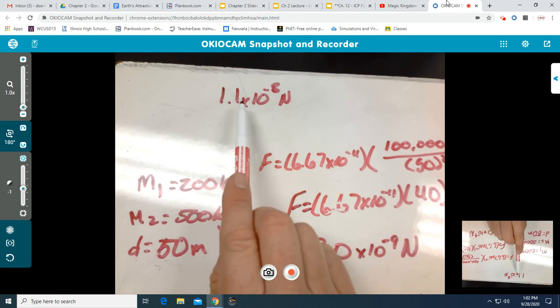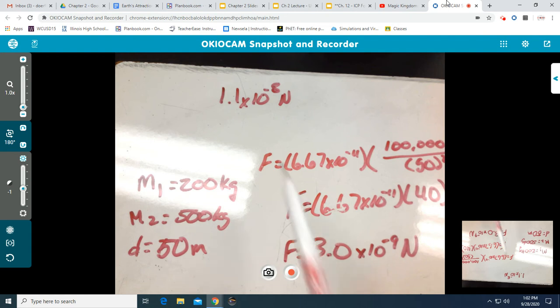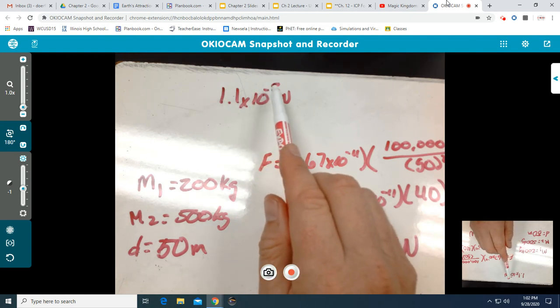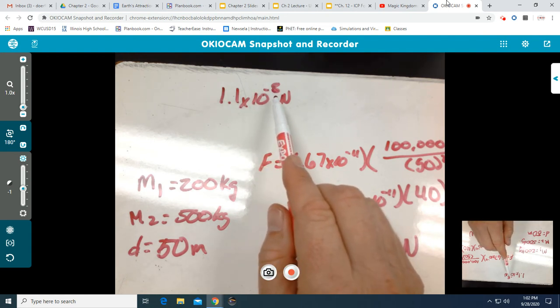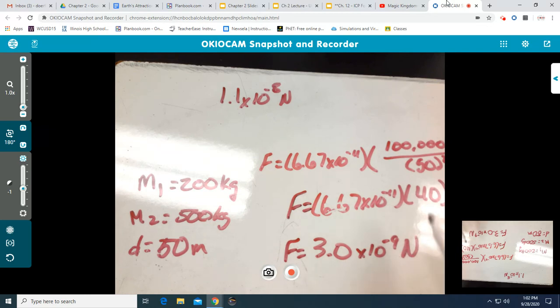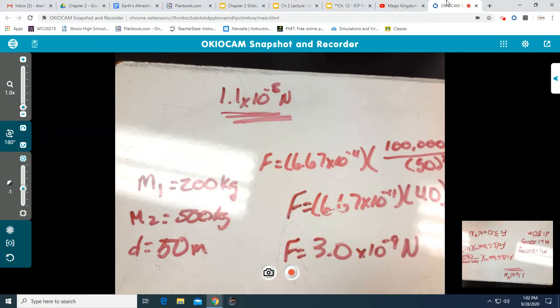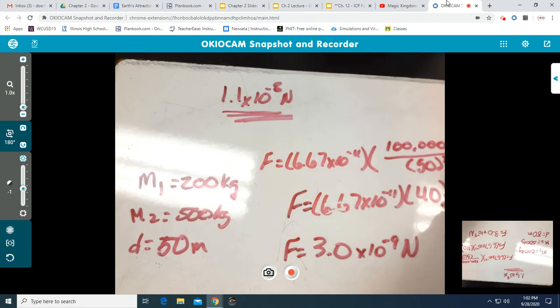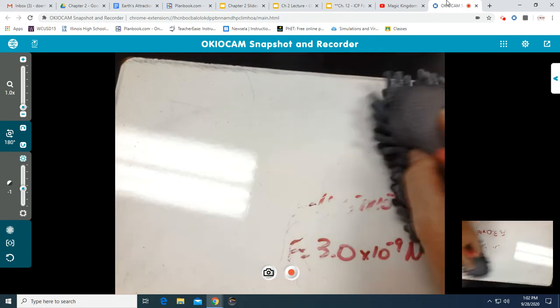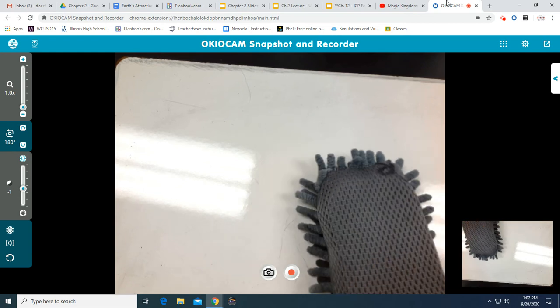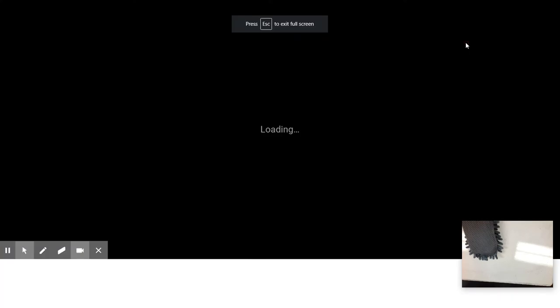So even though this is 1.1 and that's 3.0, this has a smaller or less negative value of 10 than this does. So this right here is actually the stronger gravitational force. That just goes to show you how that equation works. If you need to see that again, rewind the video and rewatch it.